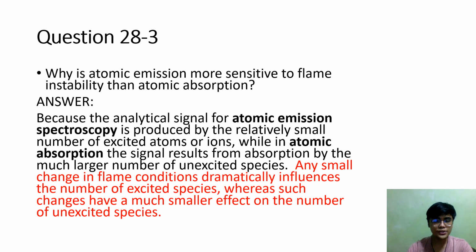For the answer to question 28-3, why is atomic emission more sensitive to flame instability than atomic absorption? The answer is because the analytical signal for atomic emission is produced by the relatively small number of excited atoms or ions, while in atomic absorption, the signal results from absorption by the much larger number of unexcited species.